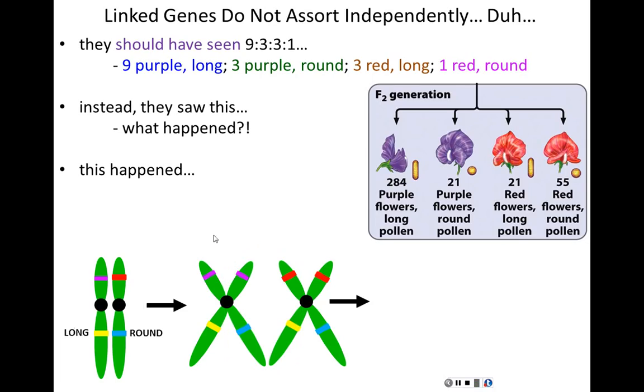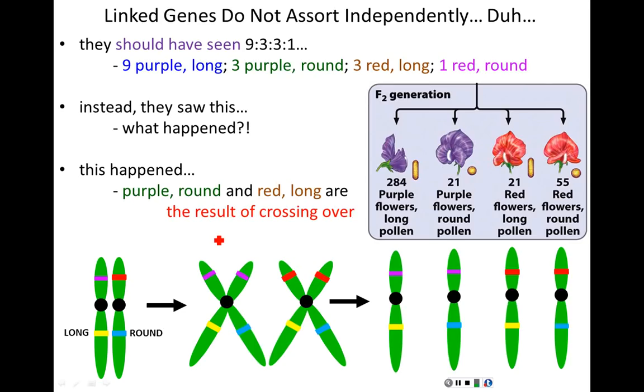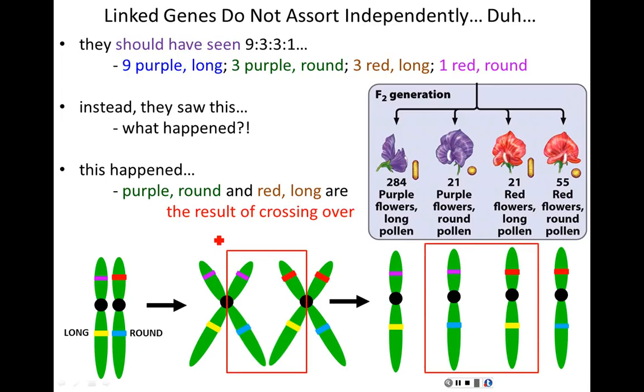Carry it through. They separate in anaphase, we do gametogenesis, and these are the different gametes we form. So the purple paired with round and the red linked with long are the results of crossing over. As such, they are the rarest of occurrences, because crossing over is a rare event. So they give rise to the lowest number of progeny.